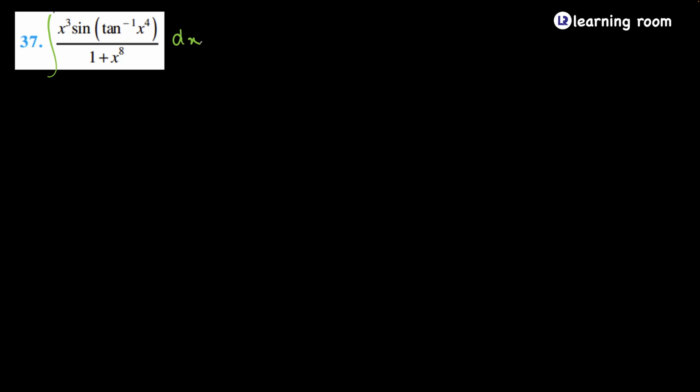So here I have x power 4, so it will become x power 8. But since x power 4 is there, what is the chain rule of it? 4x cube is here. So that clearly tells us that tan inverse of x power 4 is supposed to be taken as t, so that you will get 1 by 1 plus x power 8 times 4x cube times dx is equal to dt.